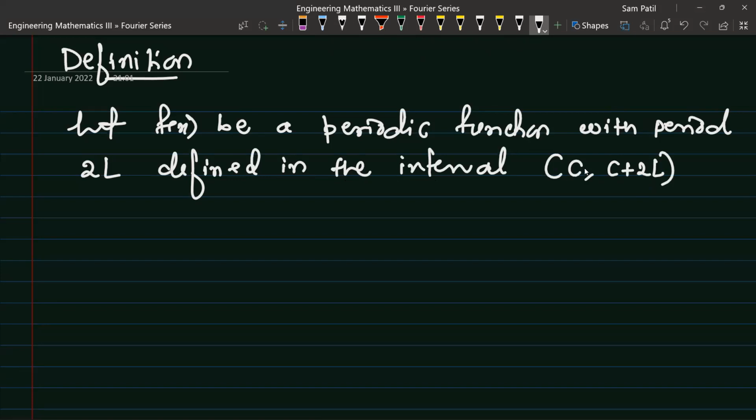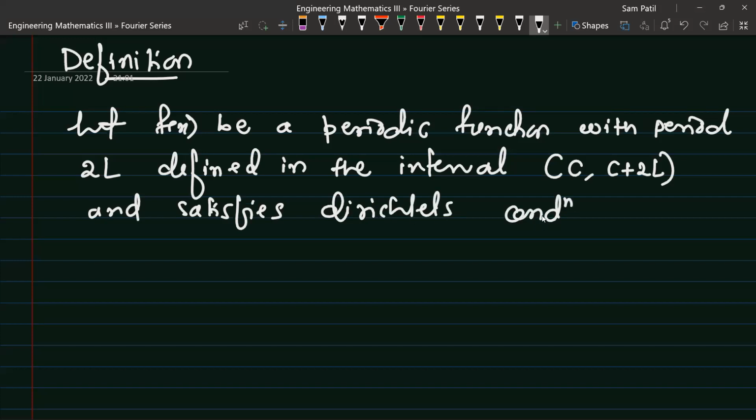And it satisfies the Dirichlet conditions. That's why I have taken this condition. Because if I directly take this definition, you may get confused about what is meant by Dirichlet conditions, what is a periodic function, and all those things.